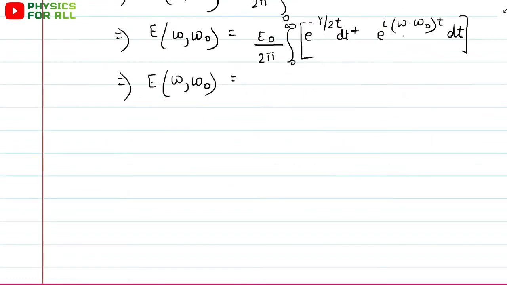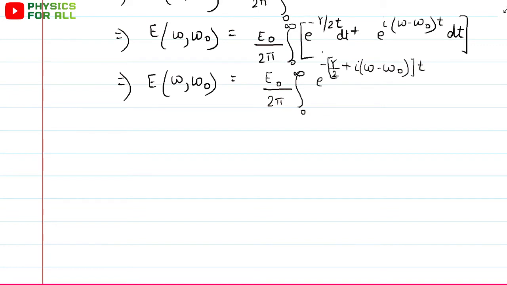Let's solve it. We can solve it separately also, but I would prefer solving it as a complete entity. So I'm going to use minus gamma by 2 plus iota omega minus omega naught, and then t is there.